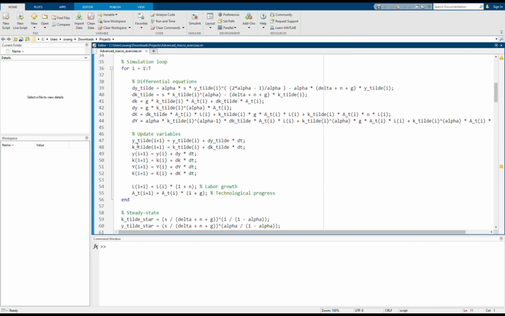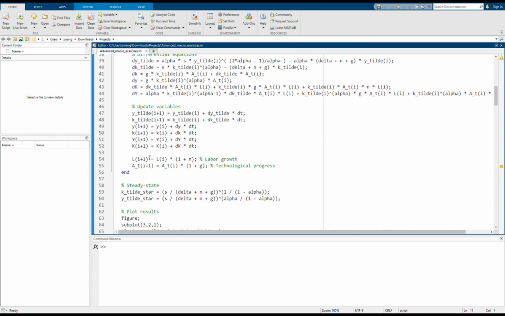For example, the y tilde in the next time period equals the value of y tilde in this time period plus the change of y tilde in one time period multiplied by the length of the time period. And don't forget to let labor and technology grow at a rate of n and g respectively.